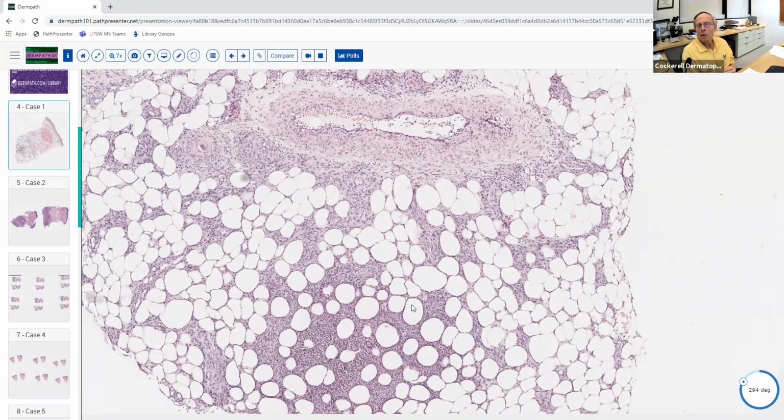So even though classically in the old days, they said it's a quote tuberculid related to tuberculosis, it's really a panniculitis reaction pattern that can be seen in a number of different infections. We've seen it in blasto and cocci and other things like that too. So just remember that it's not specific for the mycobacterial infections. It can be seen in other infections as well.